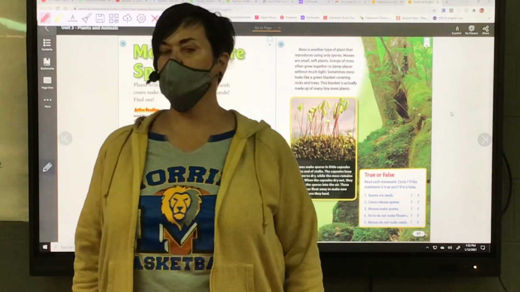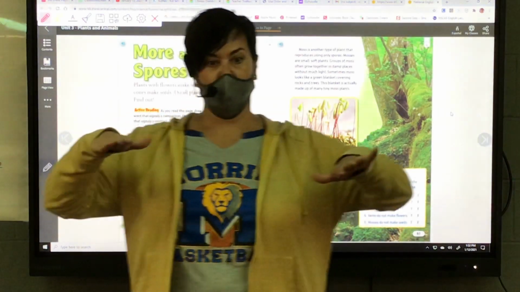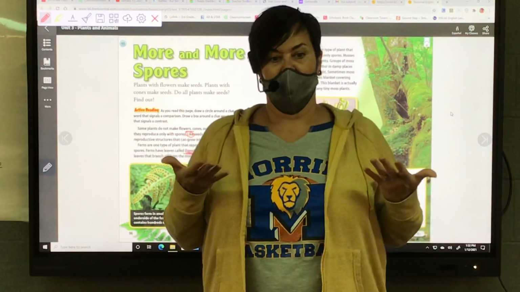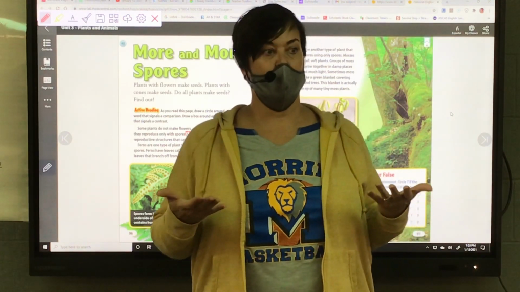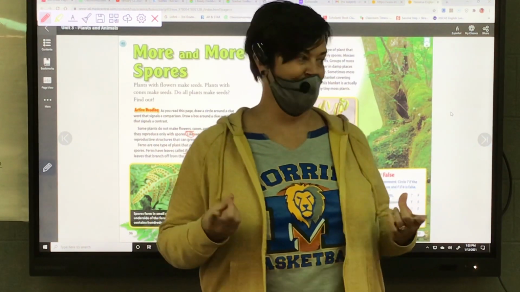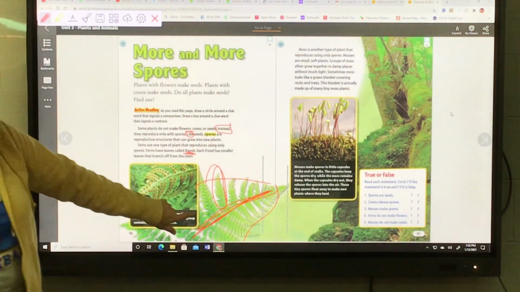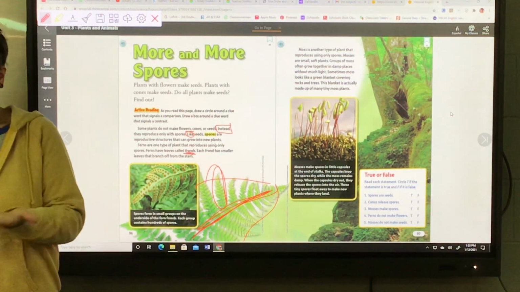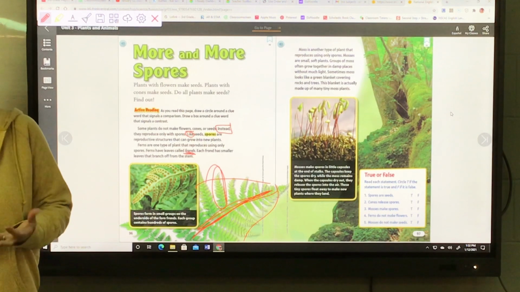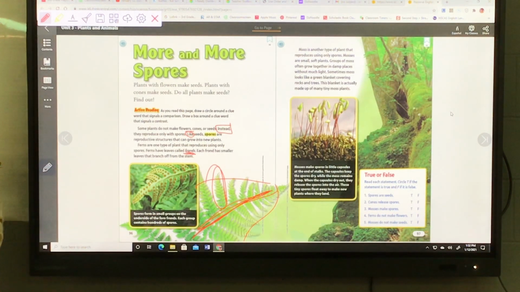No. What do ferns grow from? Spores. And where do those spores grow on the fern? On the back side of the leaves. But what are those leaves called on the fern? Fronds. Okay. So these right here, all of these little leaf-looking things on the underneath side of them, what starts growing? Spores. The spores start growing.